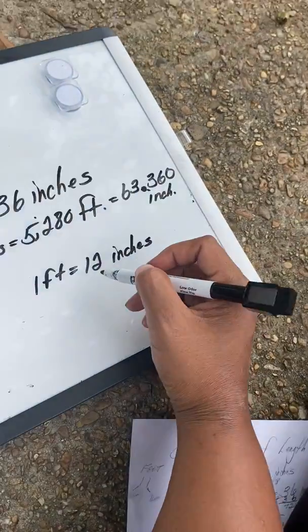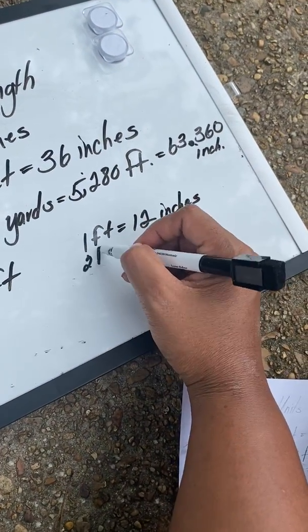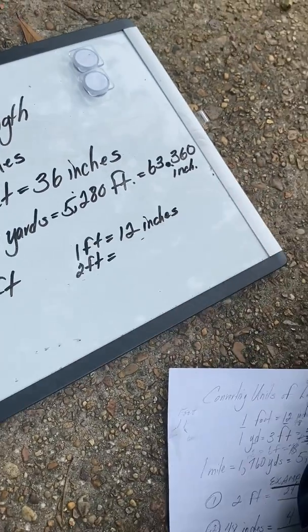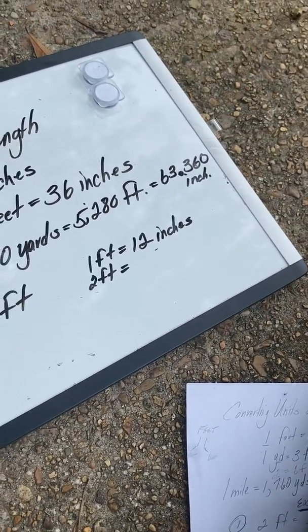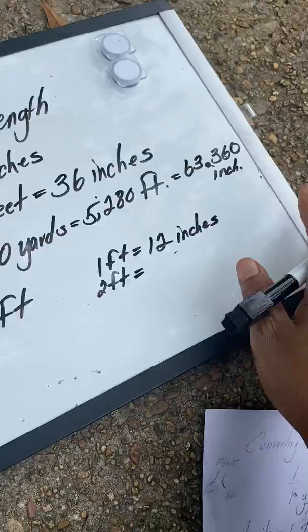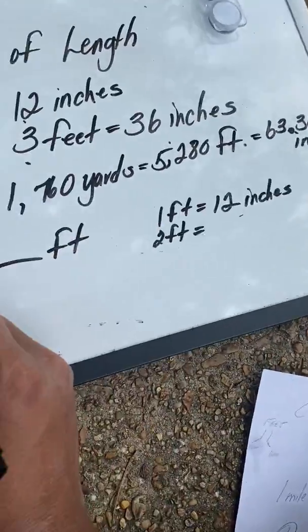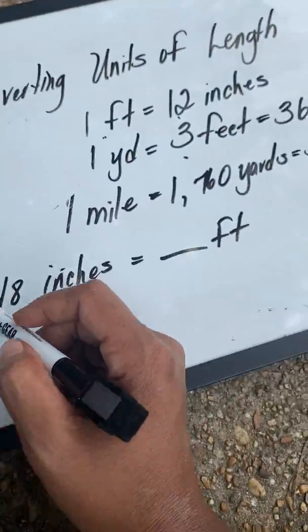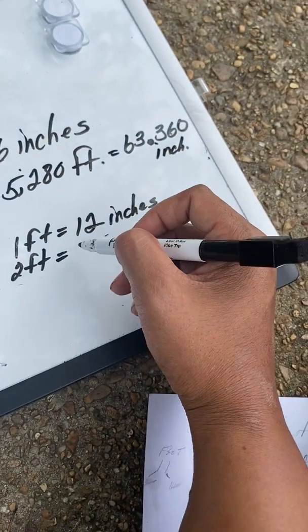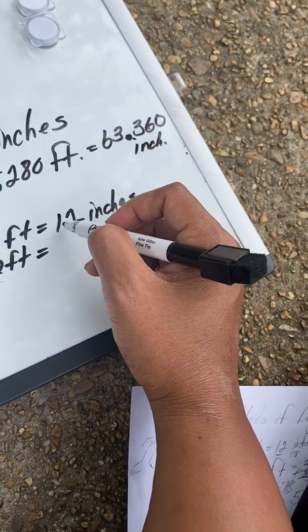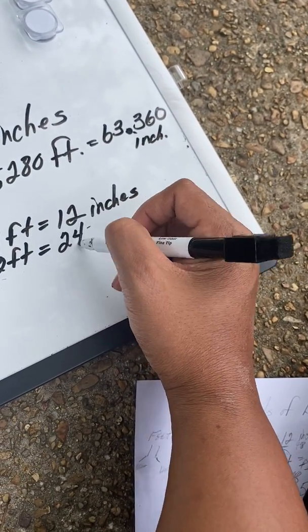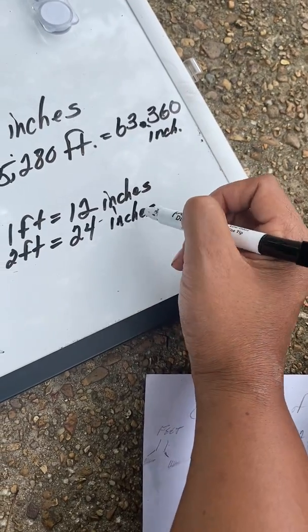If I have 2 feet, this is just thinking about it without writing anything. We're going from inches to feet. We already know that 1 foot is equivalent to 12 inches. 2 feet, if I have 12 plus 12, I have 24 inches, or 12 times 2.